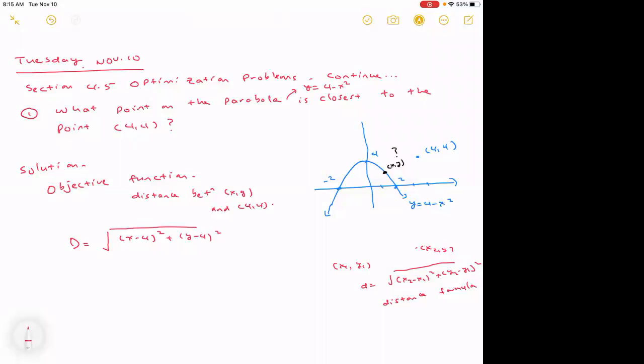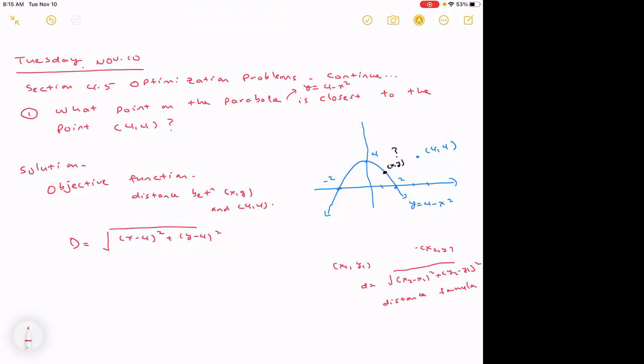Do you all agree with me? But it's still in two variables, x and y. So we have to write this in a single variable, let's say in x.